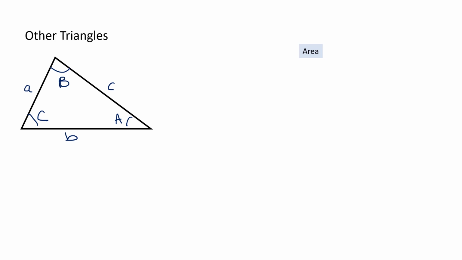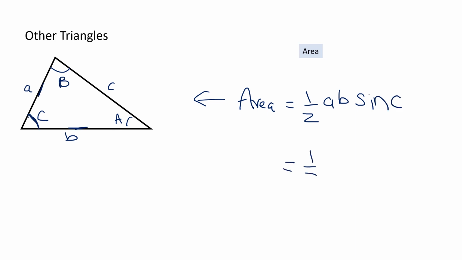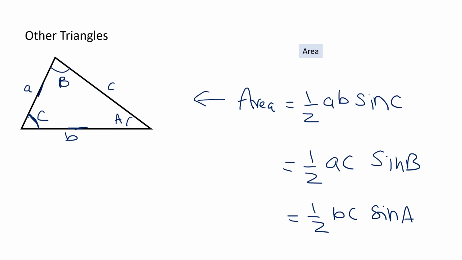The area of this triangle is given by, let's say, half times ab sine C. We can also calculate the area by half ac sine B or half bc sine A. So if you want to calculate the area, what is important is we need to know two sides and the angle between the sides.